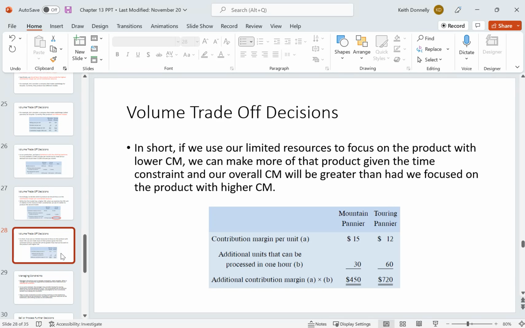Just another way of saying that Model A looks better up front, maybe $15 per unit, but you'd only be able to churn out 30 of them and you'd really only make $450. When you do the math, 12 bucks on Model B, you could churn out 60, you'd make more money there. So this looks better initially, but when you do the math, in light of how many you could pump out on the stitching machine, given our constraint there, it makes more sense to go with Model B, okay?